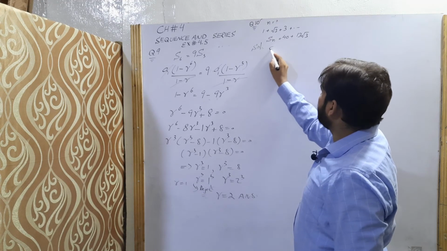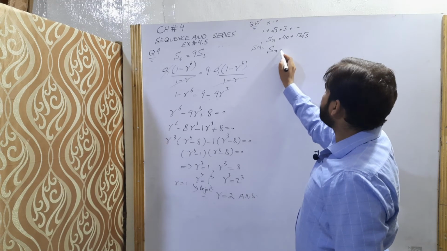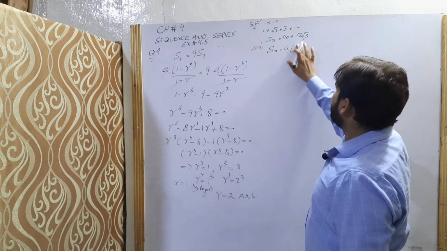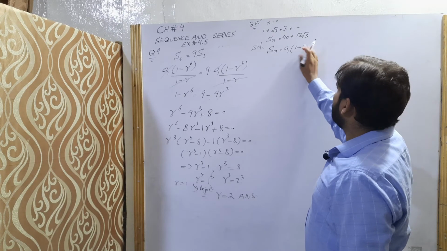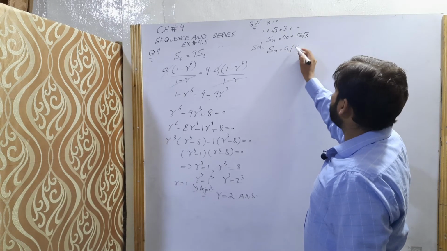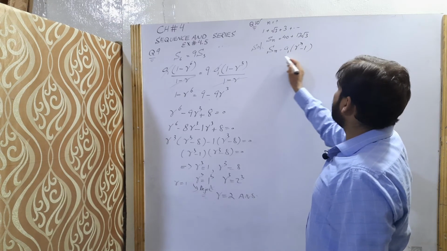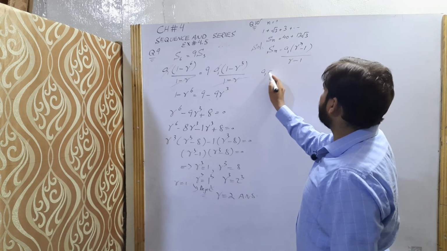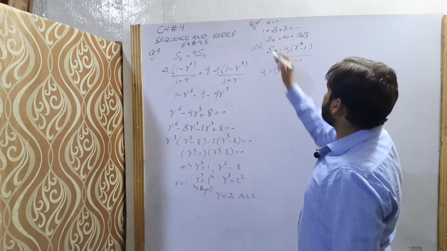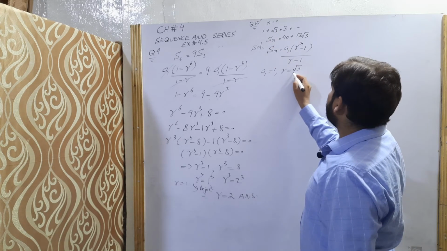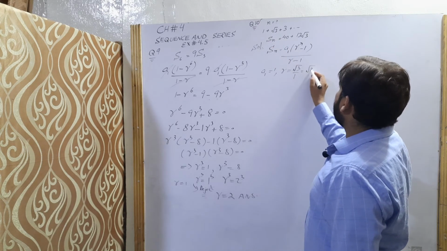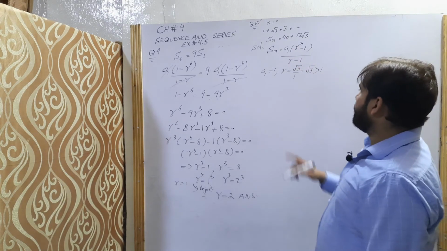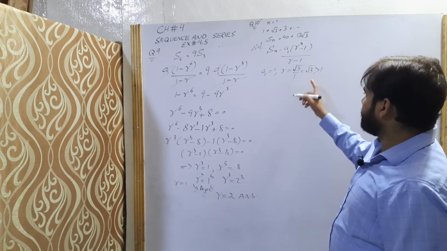Summation formula, we know that Sn is equal to A1 times (r raised to power n minus 1) divided by (r minus 1), because in this case A1 is 1 and the common ratio is under root 3 divided by 1, which is greater than 1. That's why we are using this formula, because r is greater than 1.